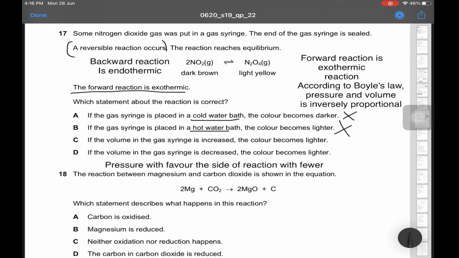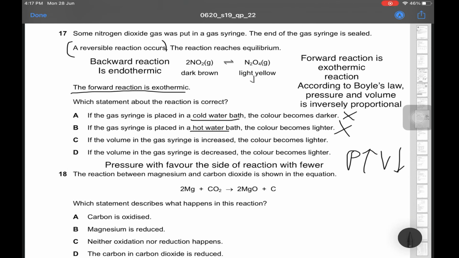Now C, we need to apply the concept of Boyle's law, where pressure and volume are inversely proportional to each other. When the pressure increases, the volume will decrease. And then we know this concept where the pressure will favor the side of the reaction with fewer moles. And for C, if the volume in the gas stream is increased, the color becomes lighter.